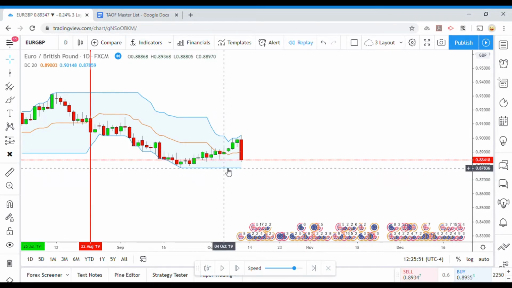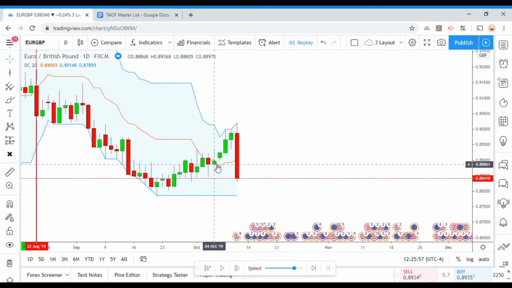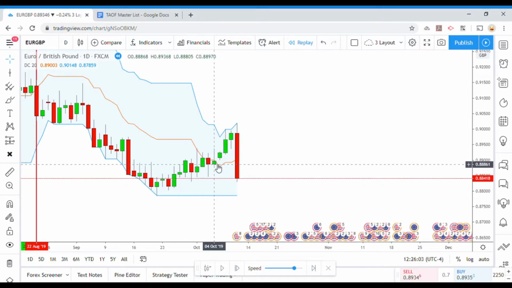And I believe you can actually see that happen right here on these two candles. Right here. This one and then this one. So this right here was the closing candle of a week. This one right here was the opening of the next week.